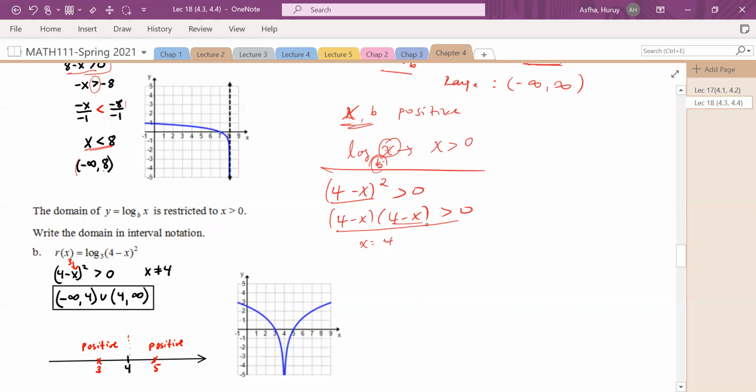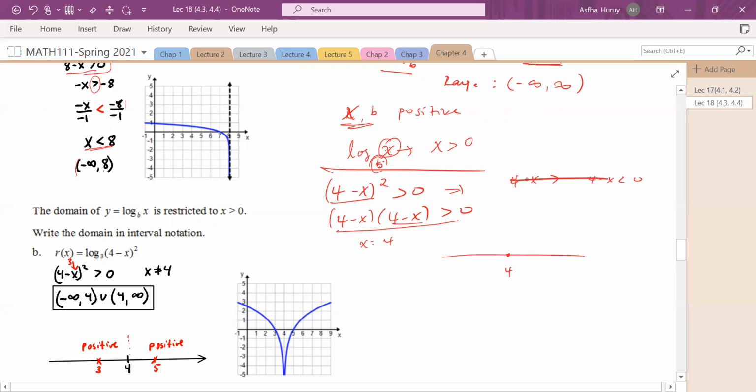And again, this one is 0 at the point x equals 4. Let's say we have 4 here. I'm just trying to make this more general. Otherwise, the simplest way is, because this is a square, the only thing that makes it positive is that 4 minus x is either greater than 0 or less than 0.